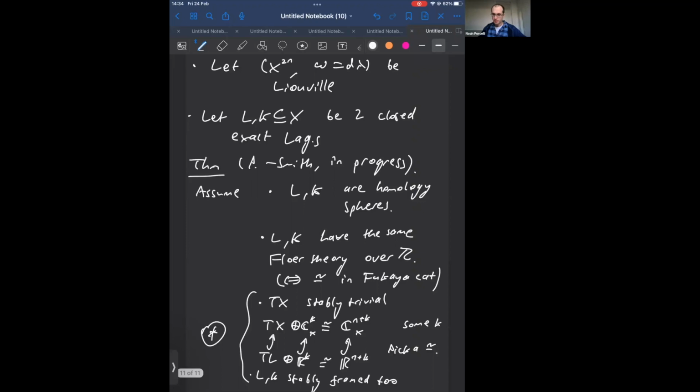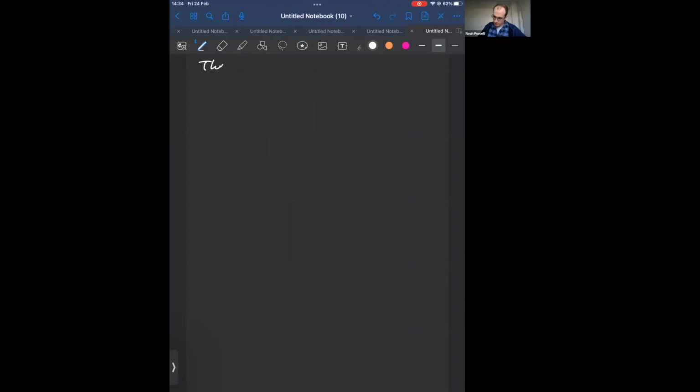So under these assumptions, the homology sphere assumption, the Floer theory equivalence, and the tangent bundle assumptions, we conclude that the difference between the frame bordism classes of L and K in the frame bordism group is 2-torsion. So it's quite small.